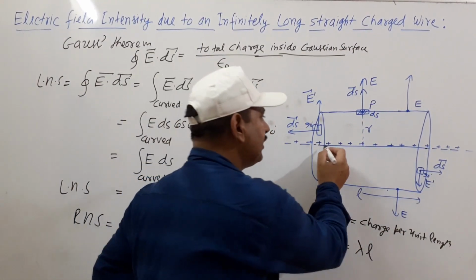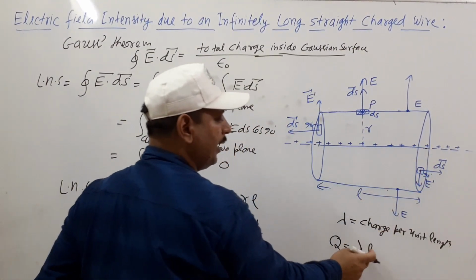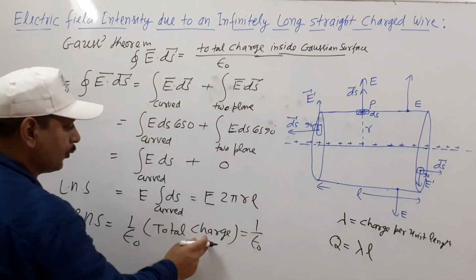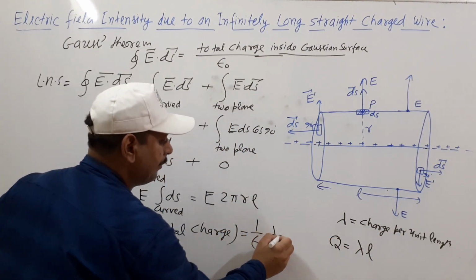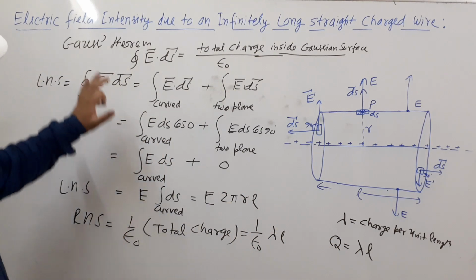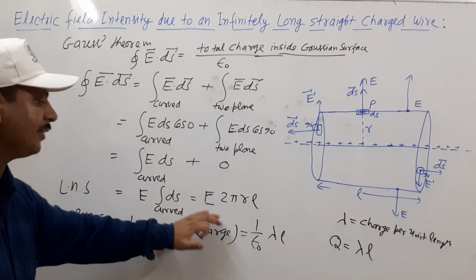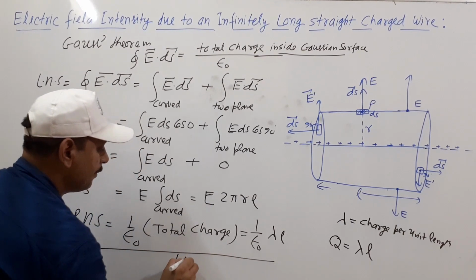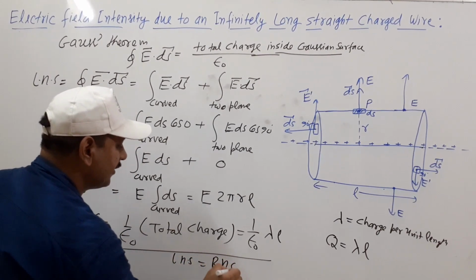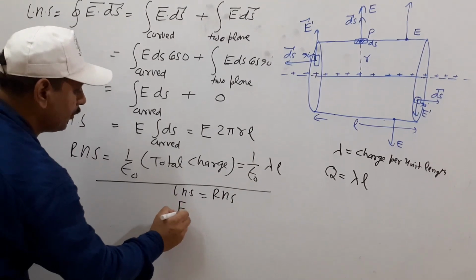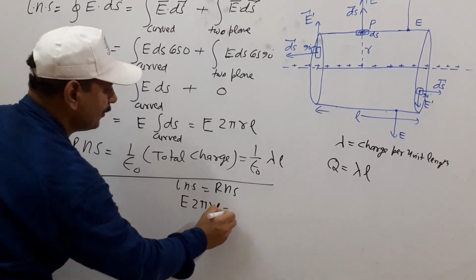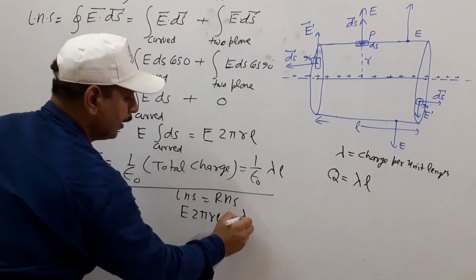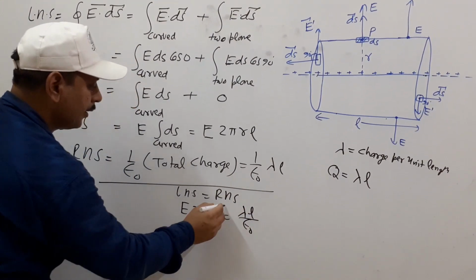So what will be the total charge from here to here? That will be lambda into L. So here total charge will be lambda into L. By Gauss theorem, LHS is equal to RHS. So E into 2 pi RL is equal to lambda L upon epsilon naught.